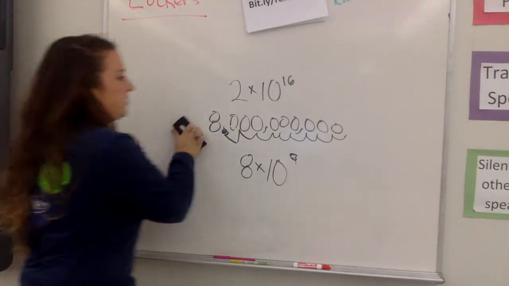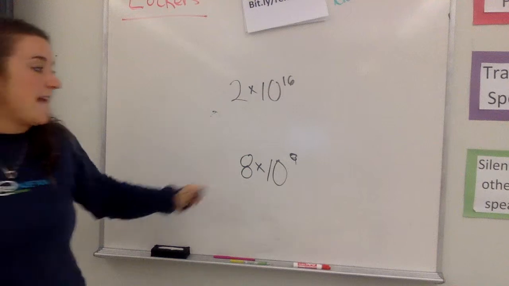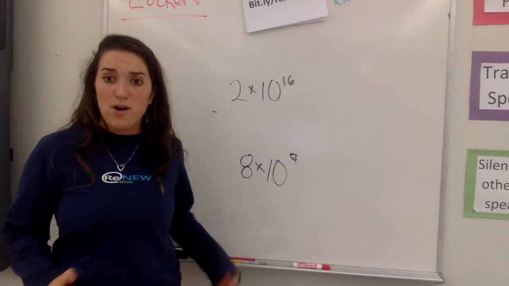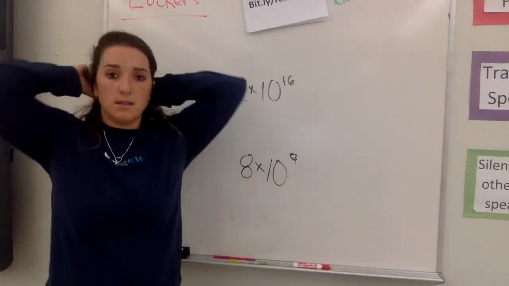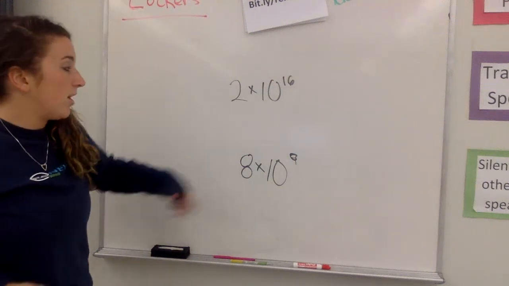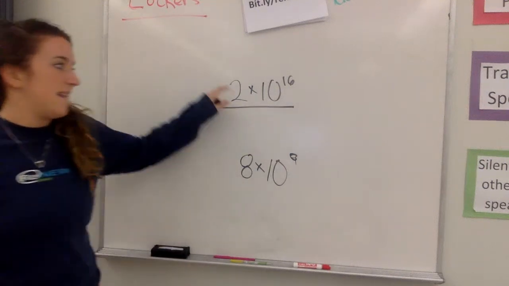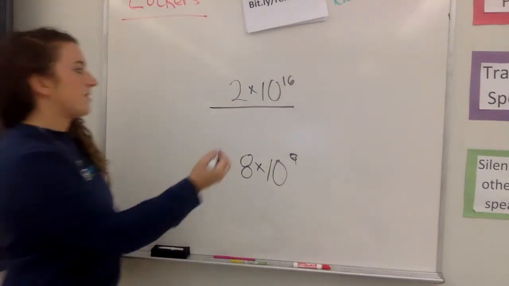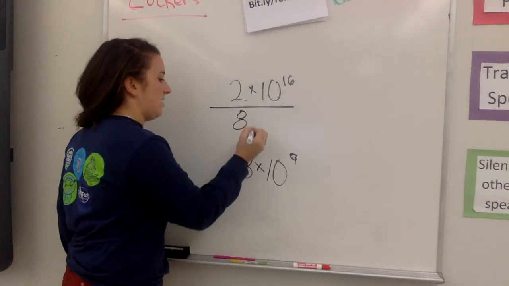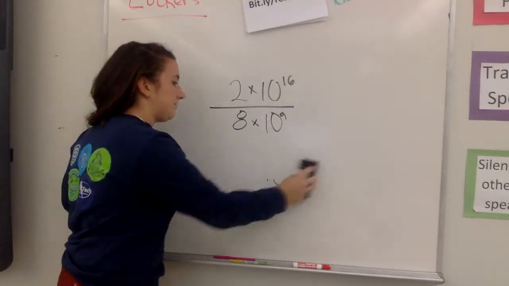Okay, so now my two numbers are easier to compare. I have 2 times 10 to the 16th power and 8 times 10 to the 9th power. Which of these numbers is bigger? Yeah, 2 times 10 to the 16th power is bigger, so that is going to be the number that is going to be my dividend. The number I'm dividing it by is 8 times 10 to the 9th.